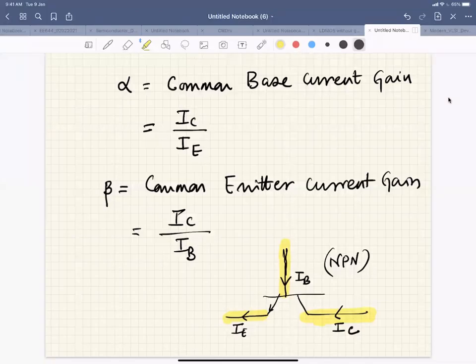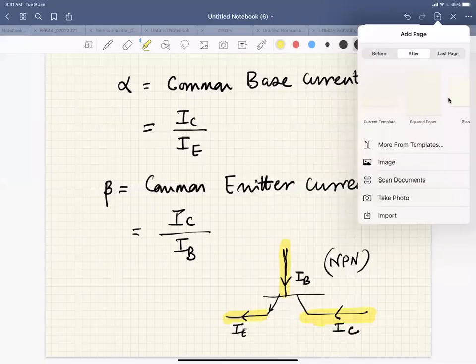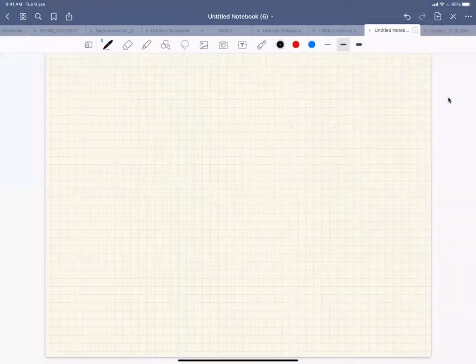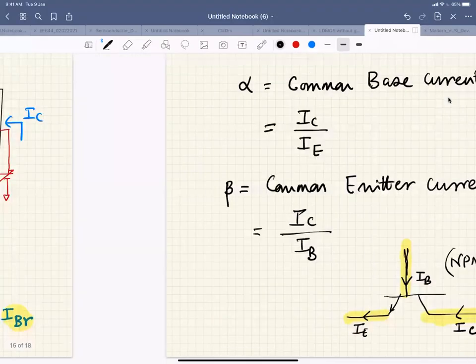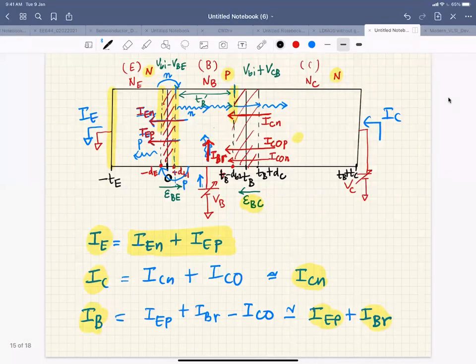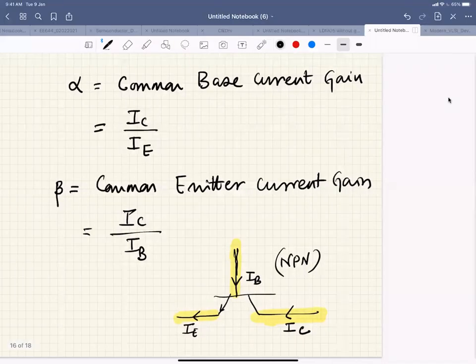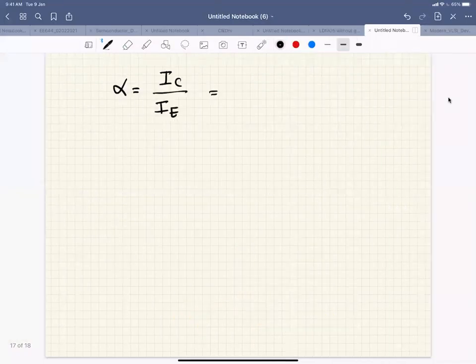If I go a little bit more, alpha equal to IC by IE. I don't want to derive this, but you could write IE equal to IC plus IB.